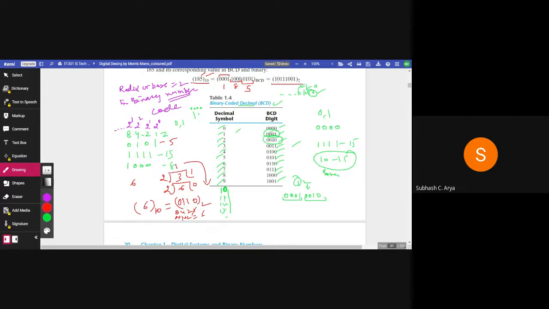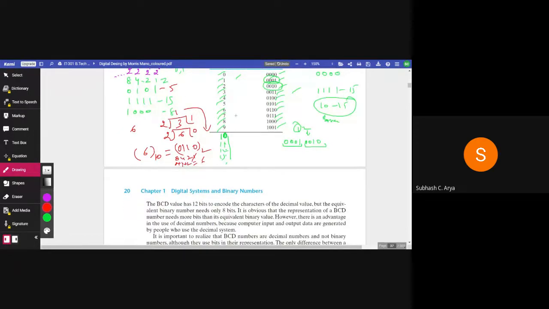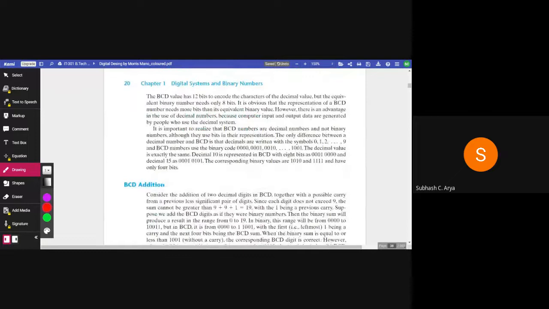Now you see the beauty of BCD. This is also using binary numbers only, this representation of symbols 0 and 1, but straightforward. So that is the advantage. And why did we basically create BCD code?